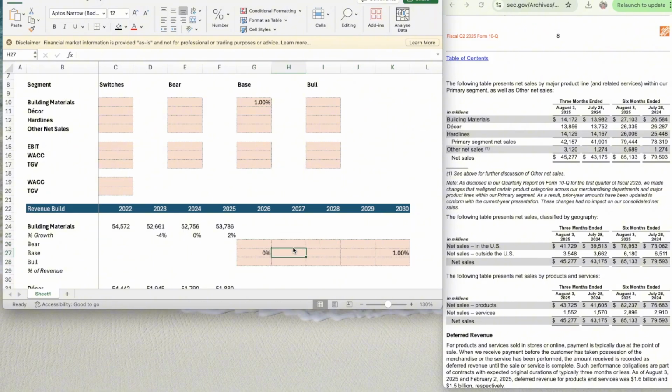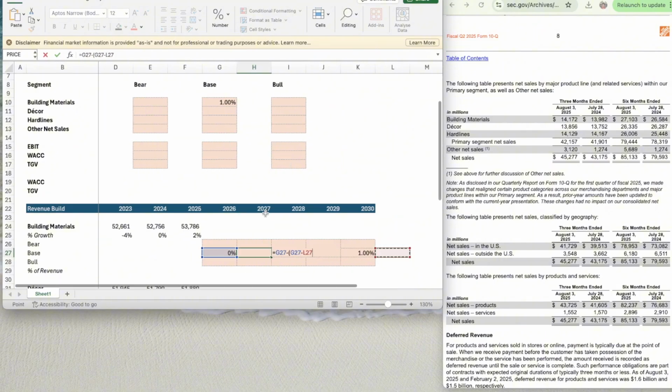And okay, now the next bit. To forecast these three here, we take the first year forecasted, and we sort of spread it out over the period. So you take the 2026 year minus the final year in 2030, close brackets.